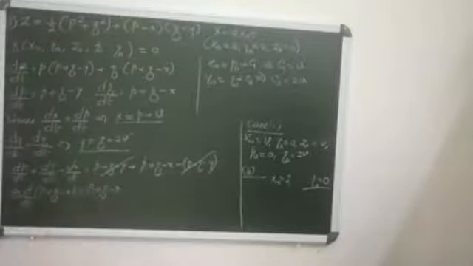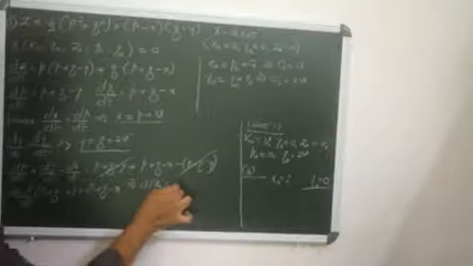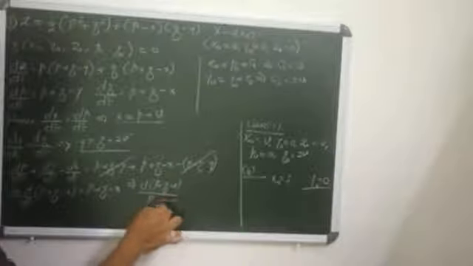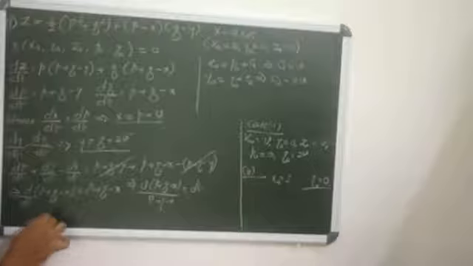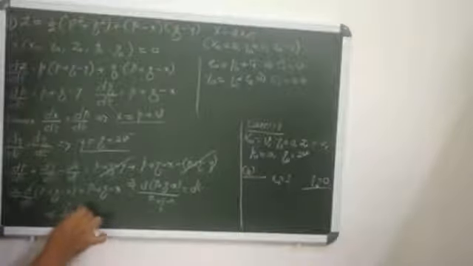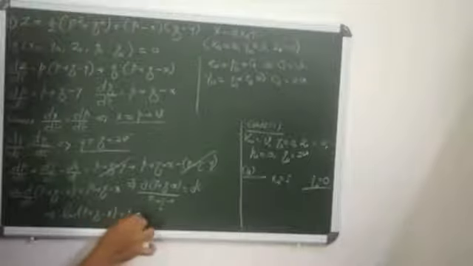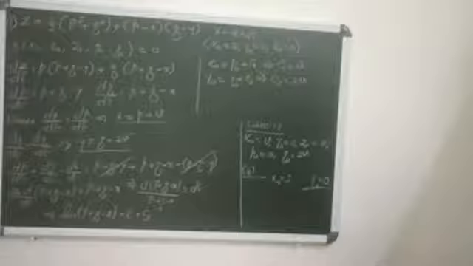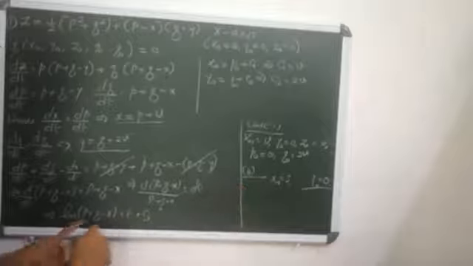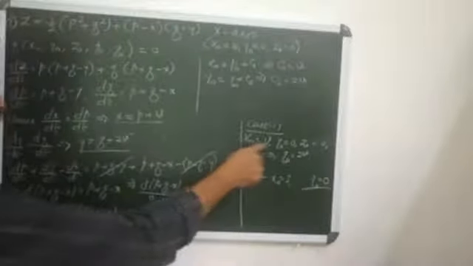So from here, d by dt of p plus q minus x equals p plus q minus x. Agreed. So d of p plus q minus x by p plus q minus x equals dt. Variable separable form. So what do I get? Log of p plus q minus x equals t plus c3. Again using initial conditions, p naught equals 0, q naught equals 2v, x naught equals v.